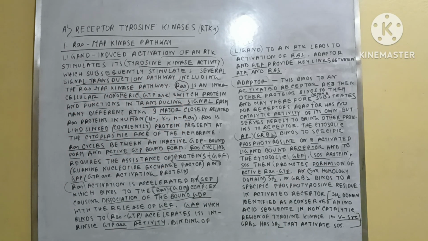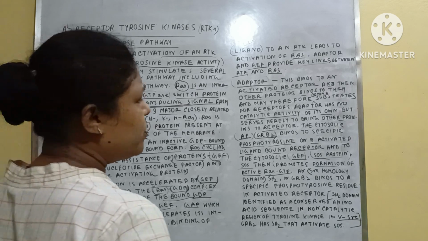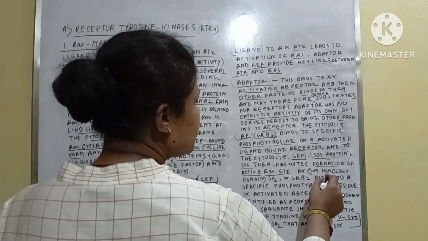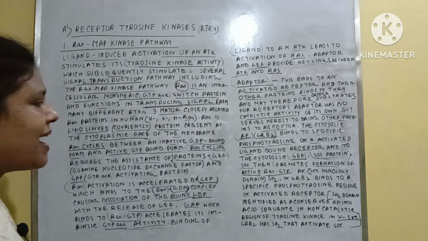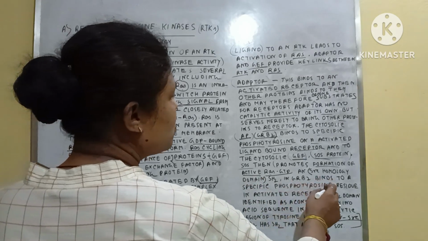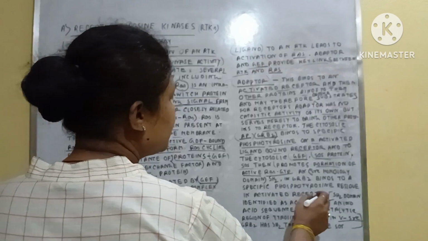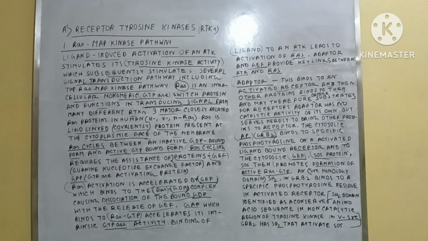Okay, and here another protein is the SRC homology domain, SH2, in GRB2, that binds to the specific phosphotyrosine residue in the activated receptor. So SH2 is the SRC homology domain.